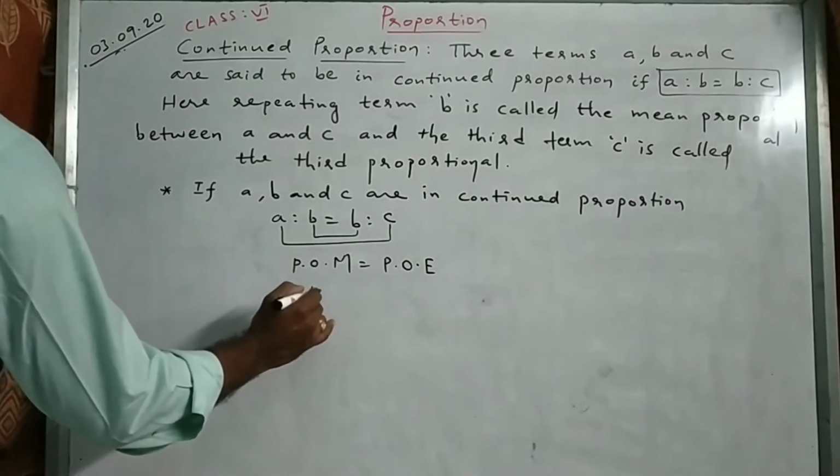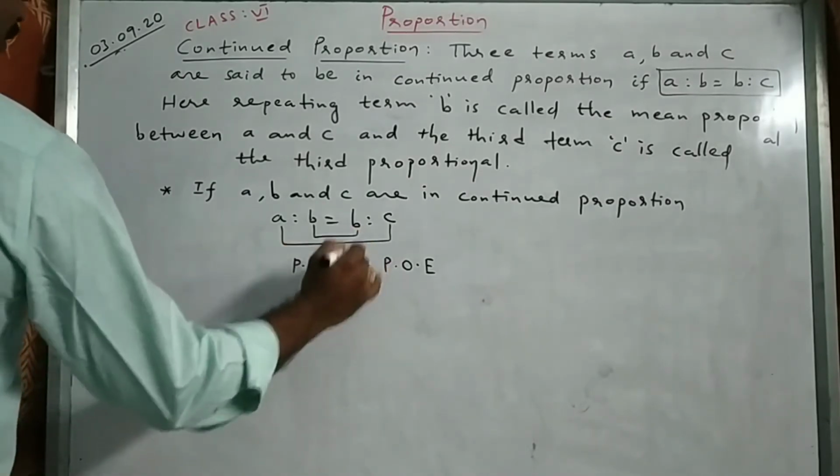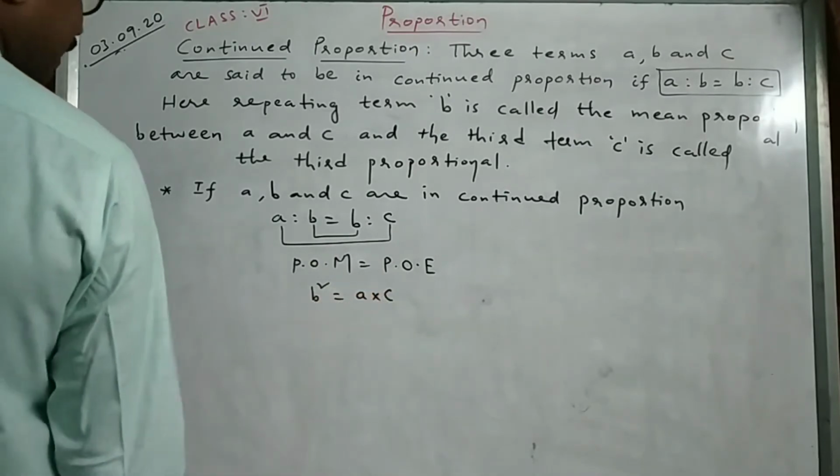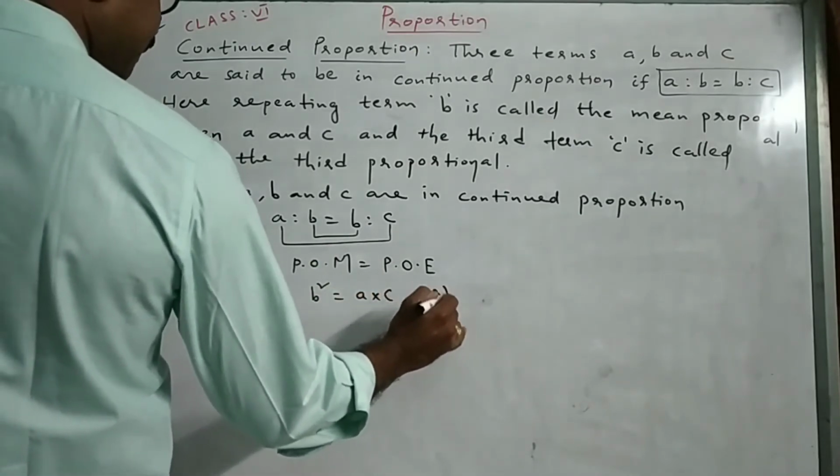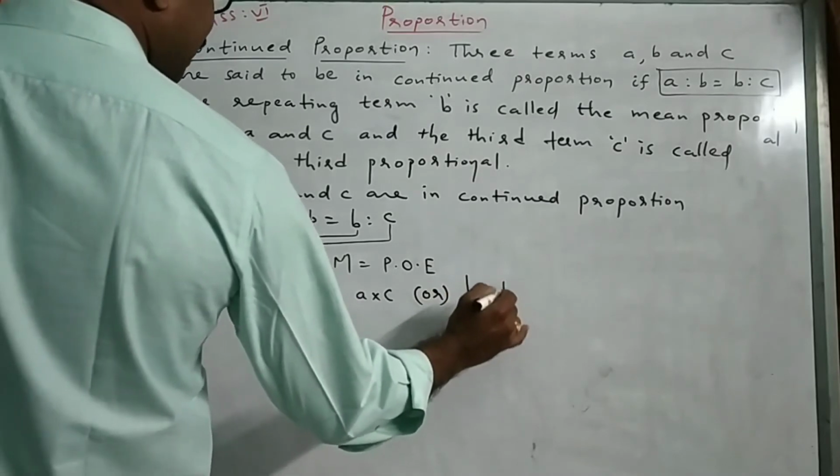That means B into B, B square equal to A into C. Or you can write B is equal to square root of AC.